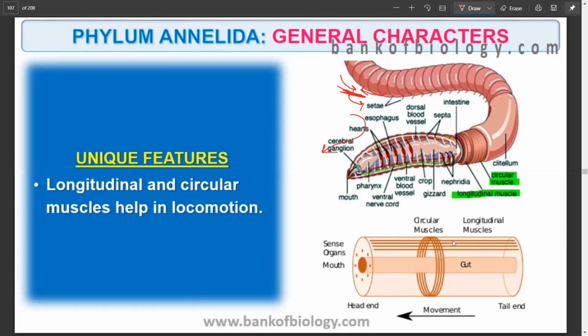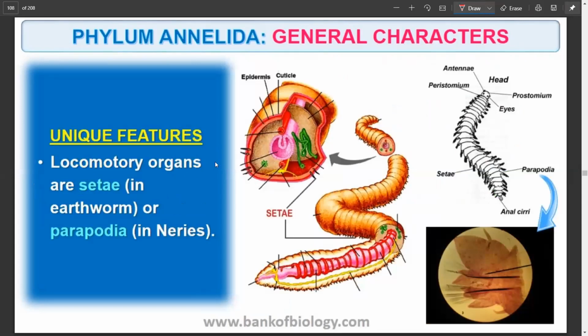So as you can see here, these are the longitudinal muscles, and this is the circular muscle, and when they contract and relax, they move toward a particular direction, that is, toward the head region, where the sense organs are. So as we talked about the unique features, the locomotor organs are the setae, and parapodia in case of Nereis or the aquatic forms.